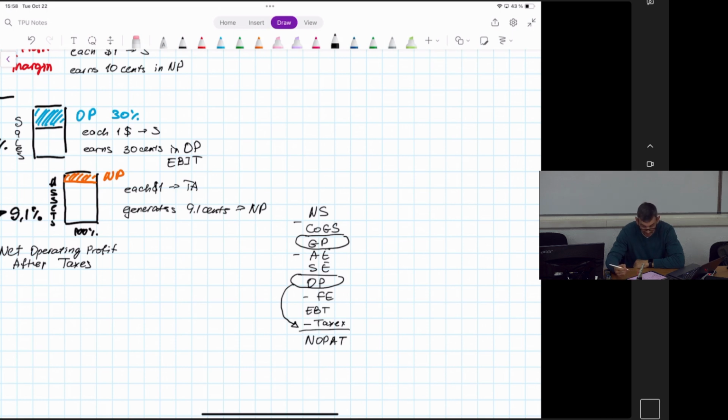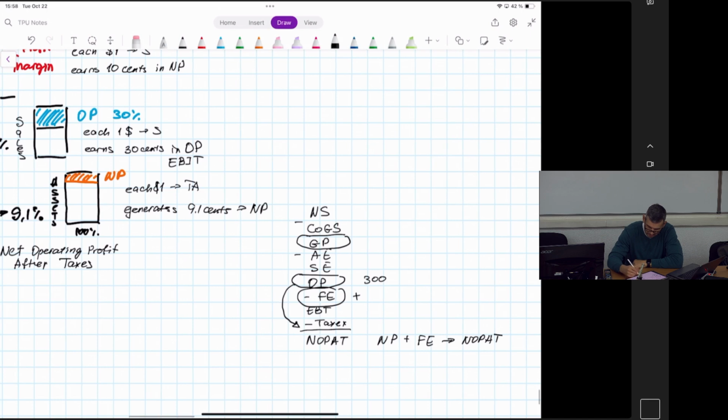So technically, if you take the net profit and add to it the financial expenses, you will get the NOPAT. Think about it technically. This was 300, this was 100, the net profit.